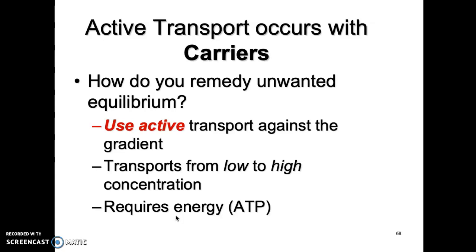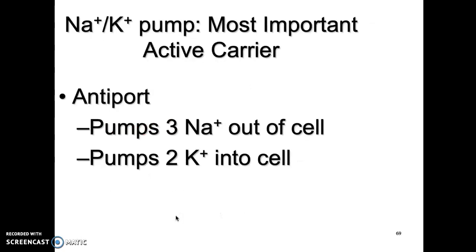So active transport will use some of these carriers, and it will require ATP. I'm going to just glaze through this slide and go on to the next one. I want to show you the sodium-potassium pump, which is one of the most important active carriers, meaning it uses ATP, and it's a carrier, and it's an antiport. Why is it an antiport?